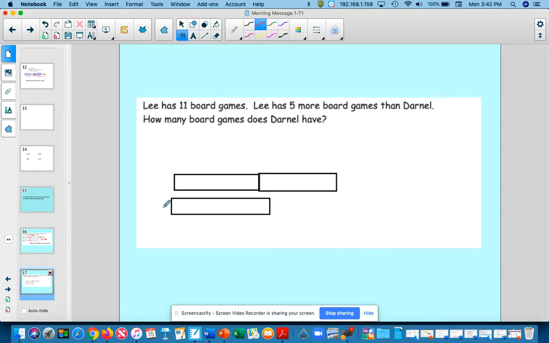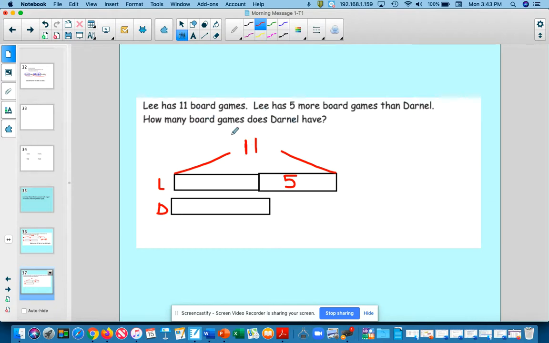So here now we have Darnell here, and we have Lee here. And we know that Lee has 5 more than Darnell. So notice how he gets another piece of the tape diagram because we know he has 5 more. But this time we don't know how many are down below, so we can't put that same number here. But what we do know is we know the whole. We know that Lee has 11.